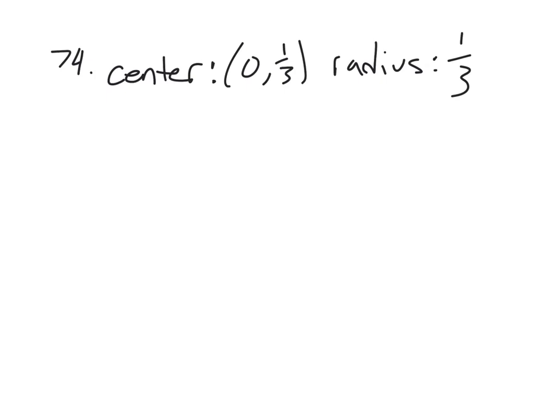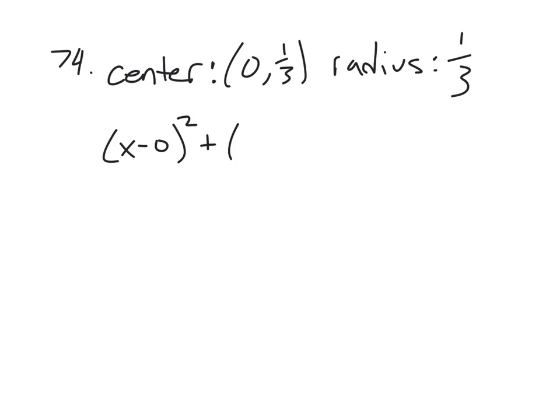Okay. So what's the equation of this circle then? So what's those in the first one? X minus 0, okay.